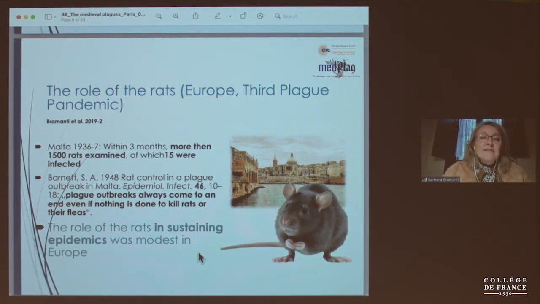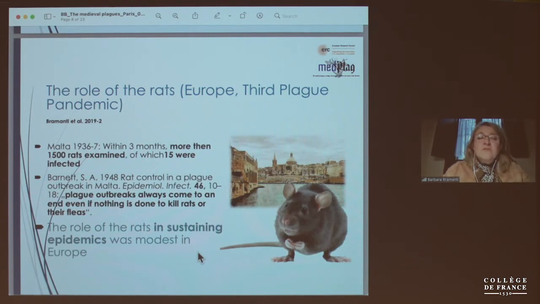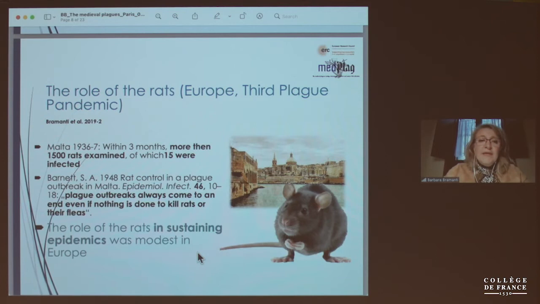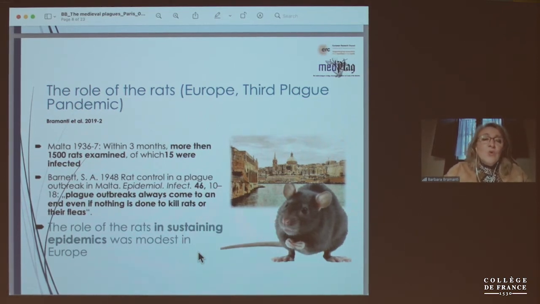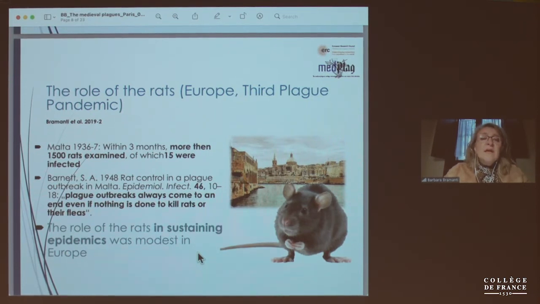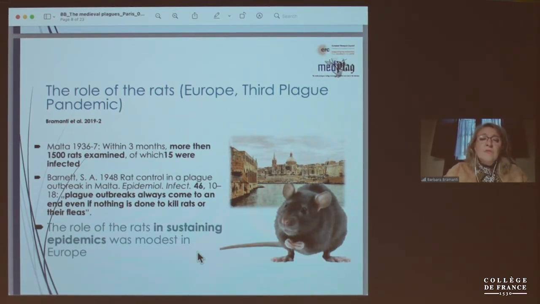Anyway, Barnett, who was responsible for rat control during a plague outbreak, wrote that plague outbreaks always come to an end even if nothing is done to kill rats or their fleas.